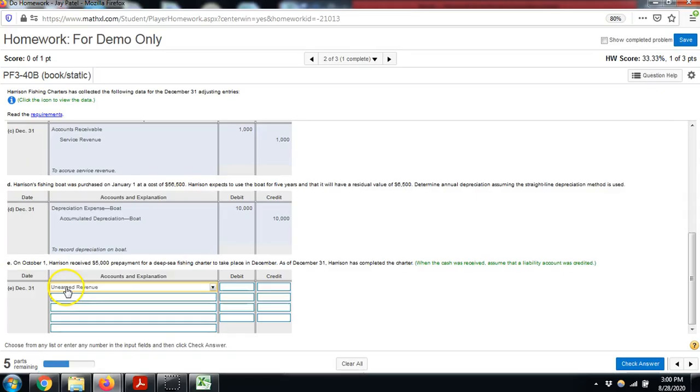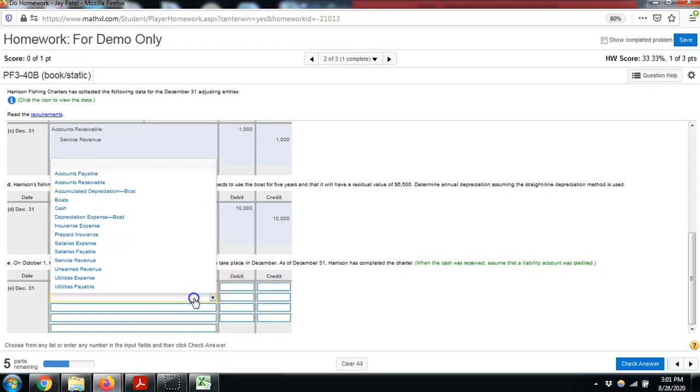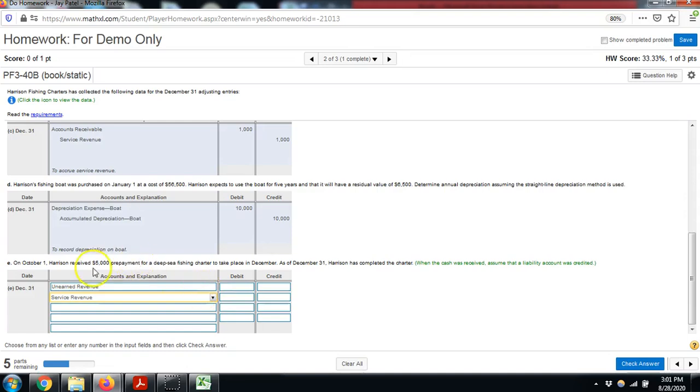Since unearned revenue is a liability and it's credit normal, to reduce it, we're going to have to debit it, and we're also going to have service revenue, which we earned because we've given this customer what they wanted. So when we do that, we basically clear out this unearned revenue, which used to be a $5,000 credit.